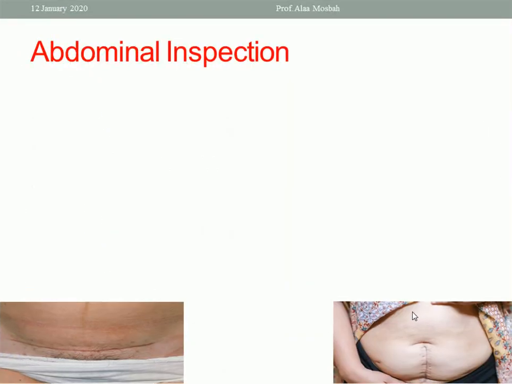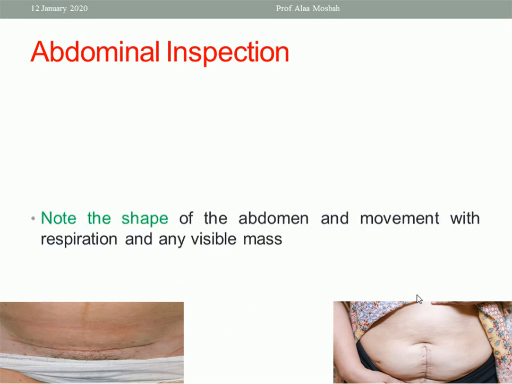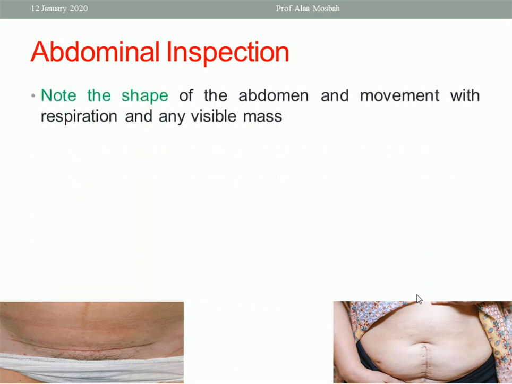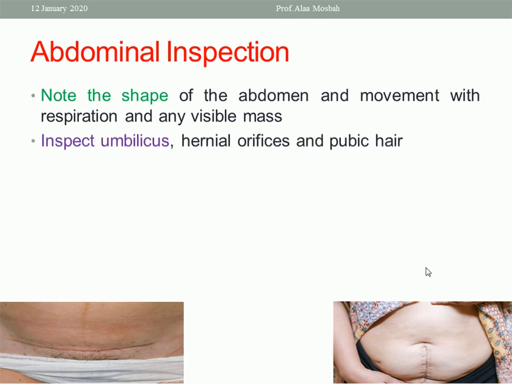Inspect the abdomen for what? Note the shape of the abdomen and the movement with respiration and any visible mass. Inspect the umbilicus for hernia, or for infection or discharge, and its position also. Inspect the hernial orifices and the pubic hair, and whether it is feminine or not.